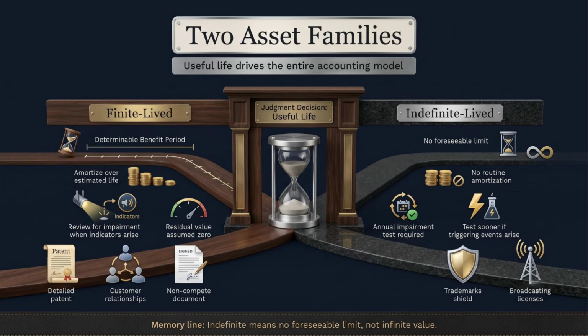An indefinite lived intangible has no foreseeable limit on the period of benefit. It is not amortized, but it is tested annually for impairment and sooner if a triggering event arises. Remember this carefully. Indefinite does not mean infinite. It means the benefit period cannot be reasonably limited today.